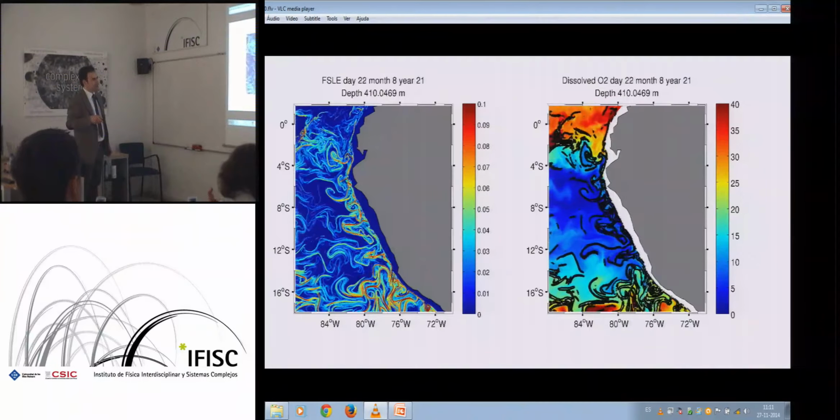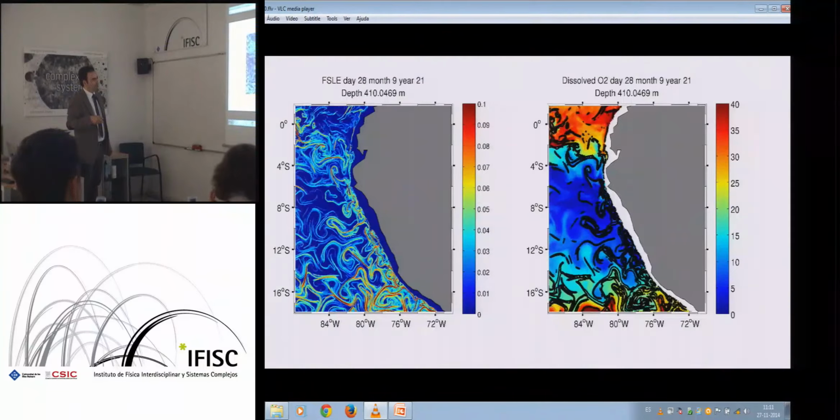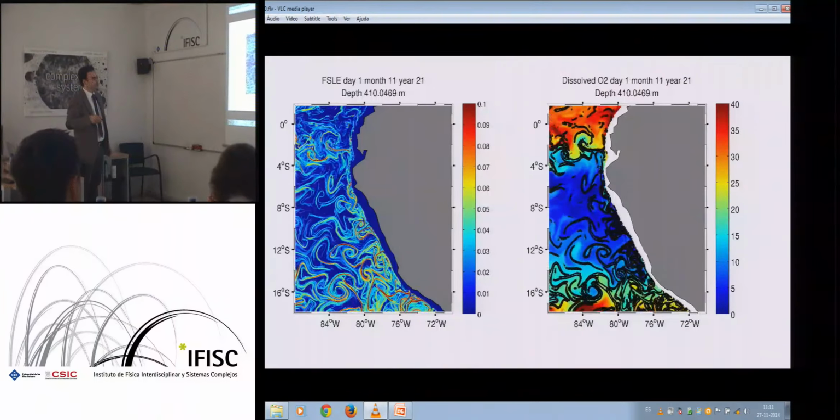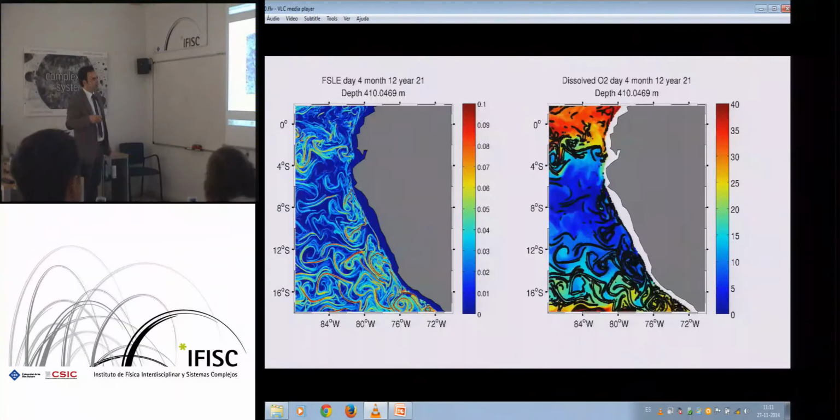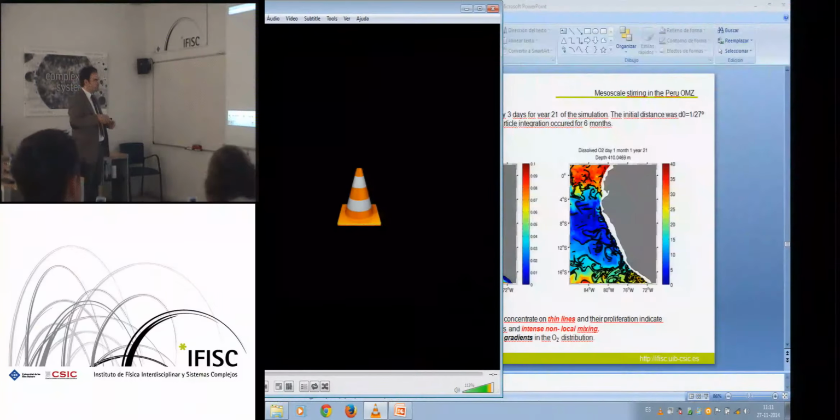We see that these very high gradients, these very strong changes, are limited by the lines of strong FSLE.